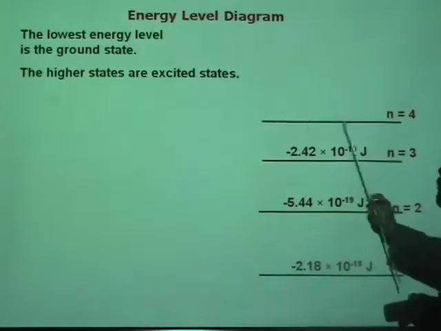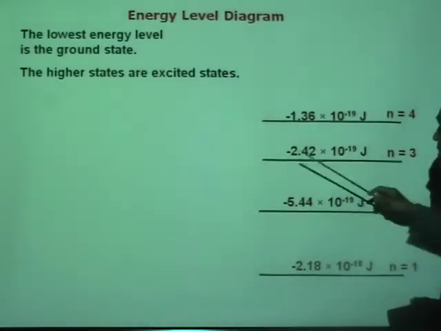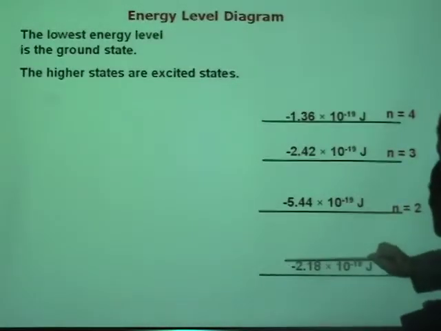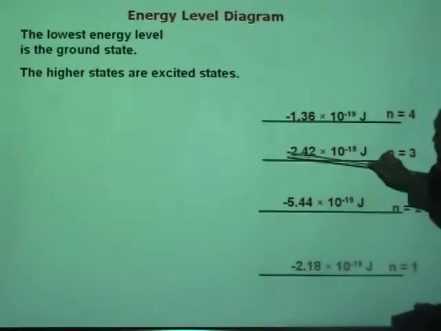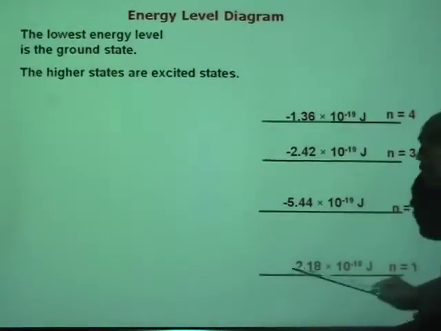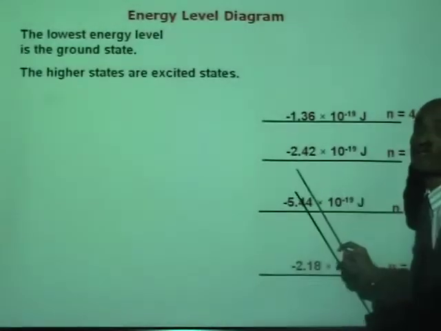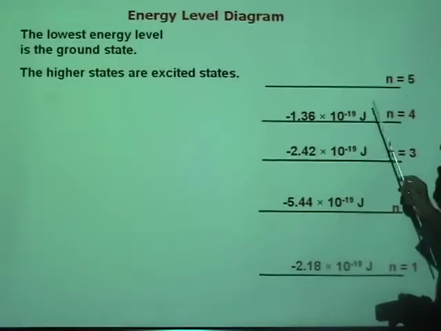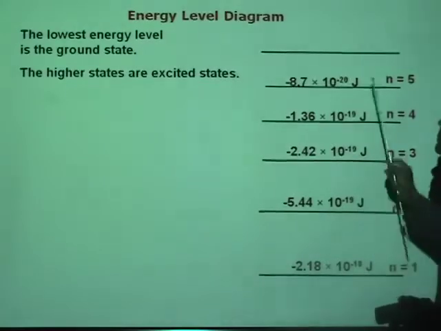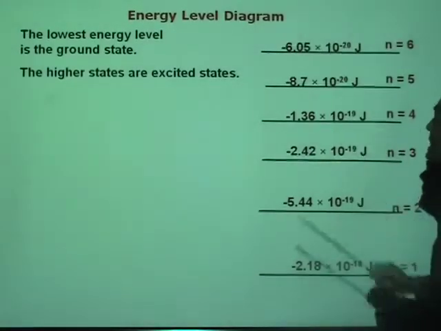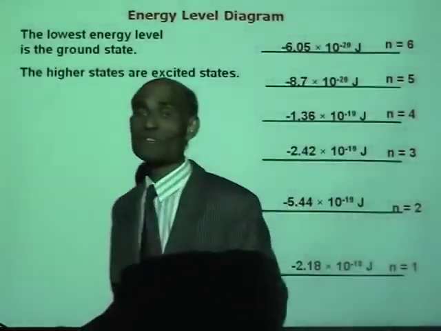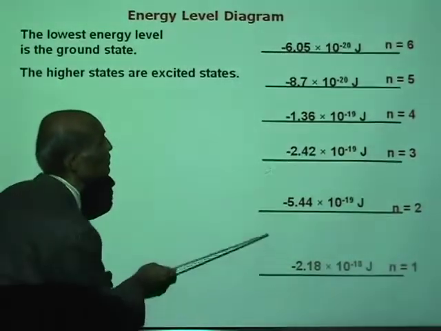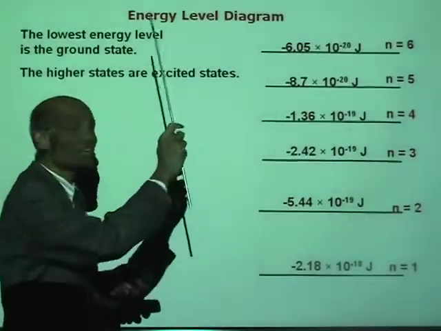N equal to 4, this is the energy value. If you look at these energy values, they're all negative values, and they are steadily increasing. N equal to 5, that is the energy value. N equal to 6, I have now given you all the energy values all the way to the 6th excited state.